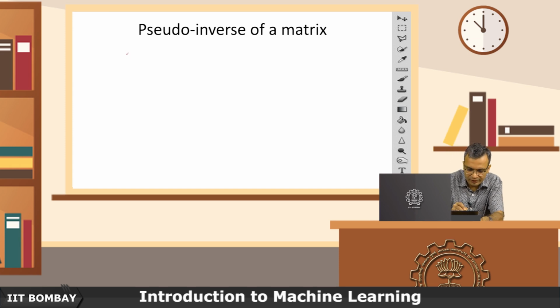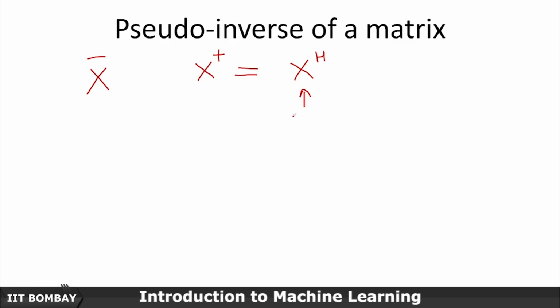So, let us say you have a matrix X, and this need not even be a square matrix, okay, and I want to multiply it with some matrix such that I get an identity matrix. Okay. So, I will multiply it with a matrix called X pseudo inverse, and the definition of this is that you take the conjugate transpose of X, this is the conjugate transpose.